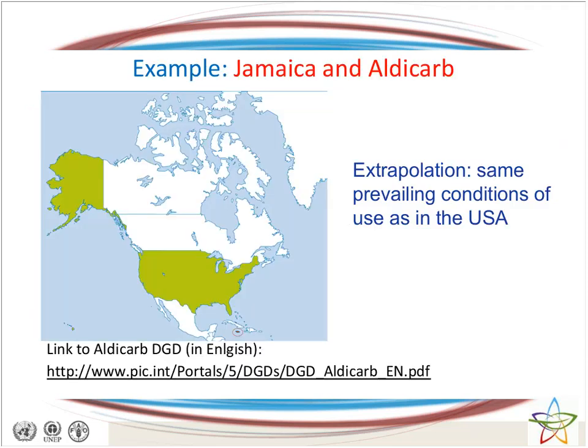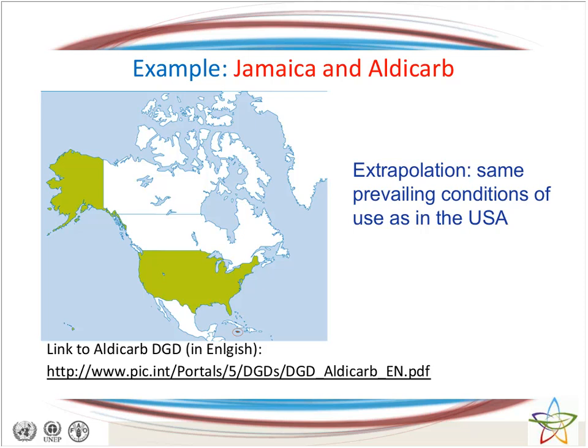Now we come to the only example in the history until now of the CRC where the CRC accepted bridged information, and then the chemical was listed in Annex 3 of the Rotterdam Convention by the COP based on valid bridged information.